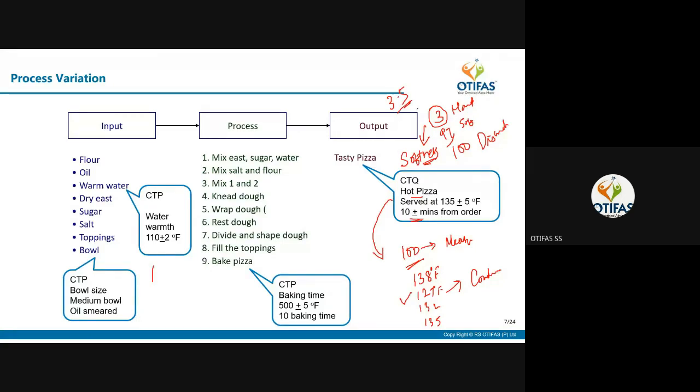Either it is 3 or 4. But here it can be 138, 135.5, 135.2, 134.8. Any value is possible in continuous data. So this CTQ is continuous, this CTQ is continuous, but what about this CTQ?